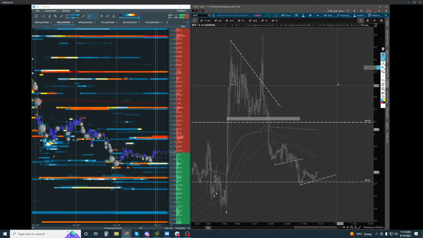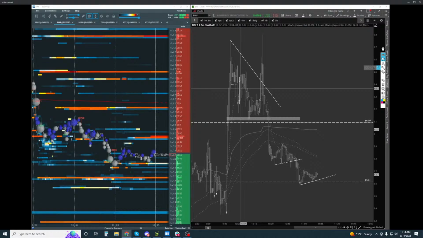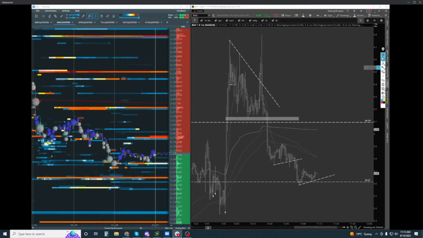We are below the VWAP, we are below the pre-market high. We're still above the, actually, sorry, we are just now below the open level. Starting to curl a little bit more, BIF.